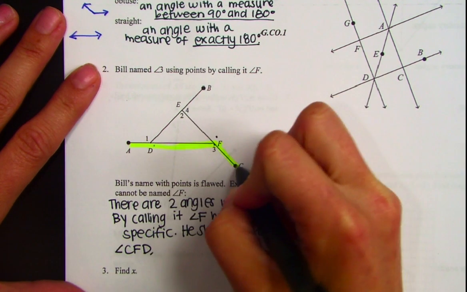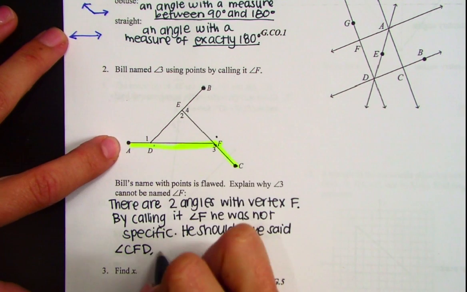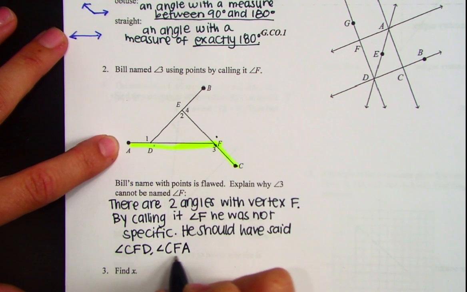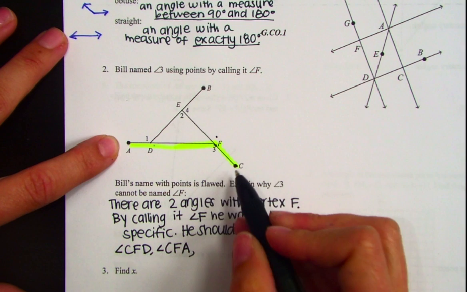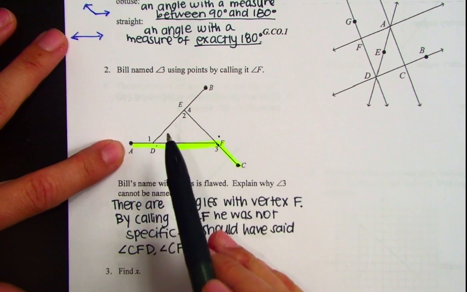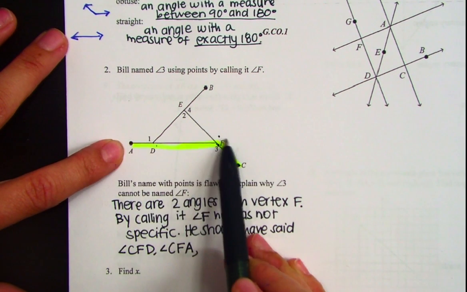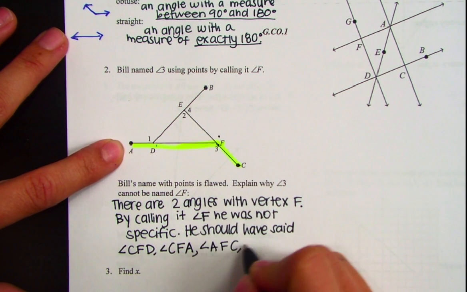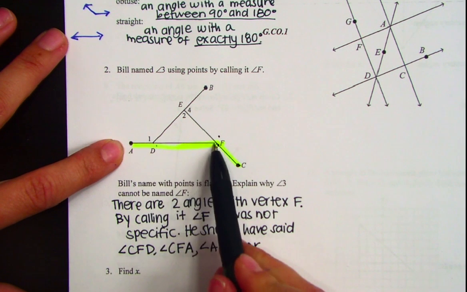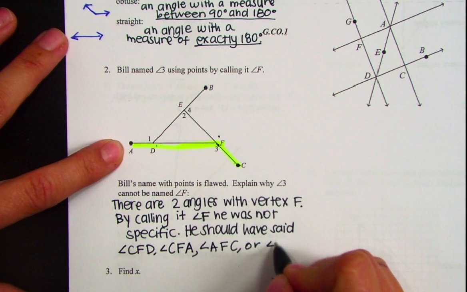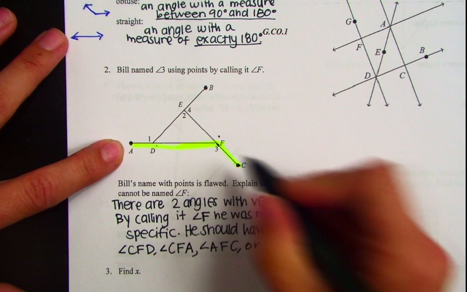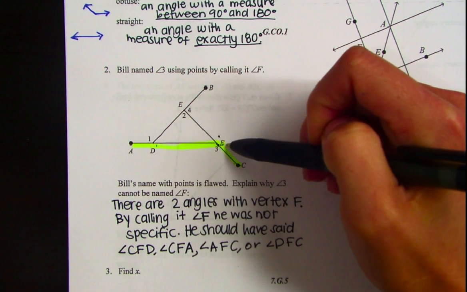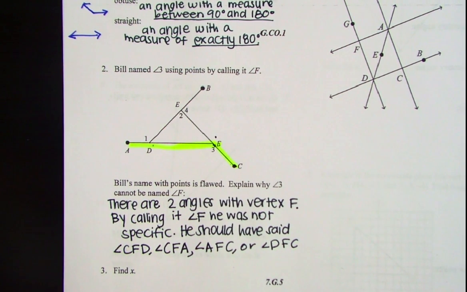He could have said CFA. Remember, you use the little angle sign and then the 3 letters. Okay, and then going on this side, he could have said angle AFC or DFC. All of those would have been appropriate to name angle 3, but he cannot say angle F because there are multiple angles happening at that vertex, so that would not be good.